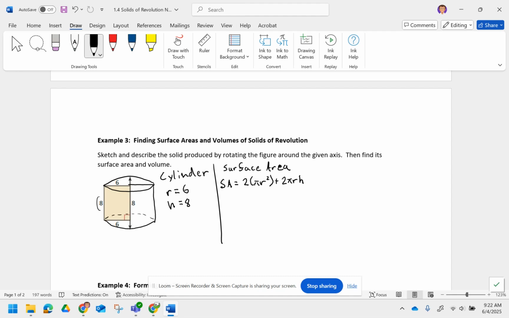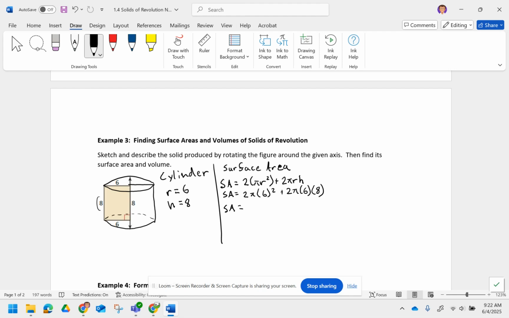All right, so now that we've figured out what this equation should be, we can start plugging in numbers. 2 pi 6 squared plus 2 pi 6 times 8.